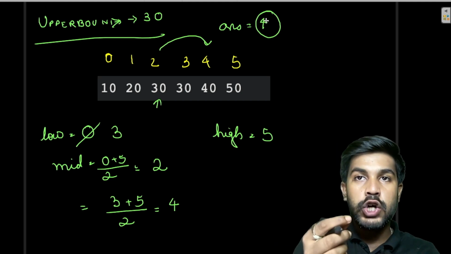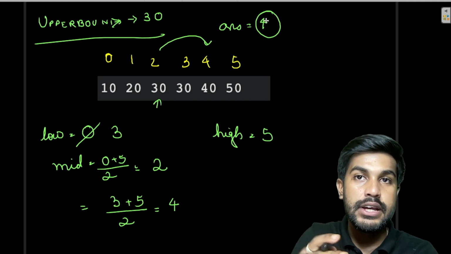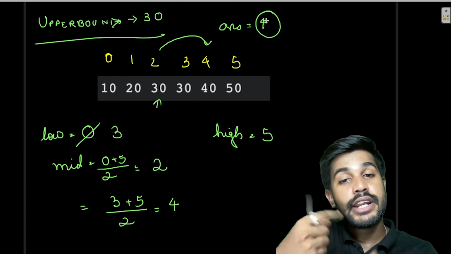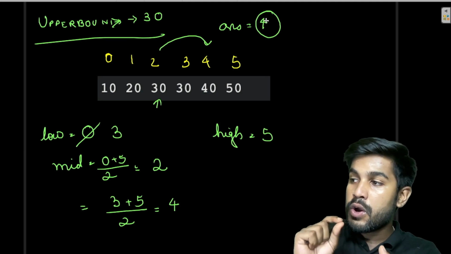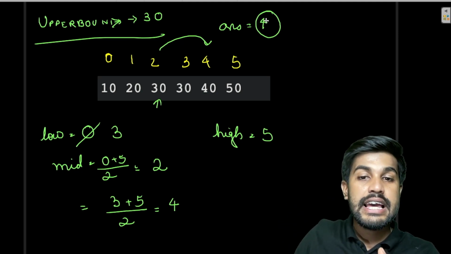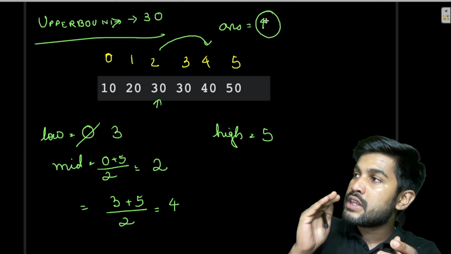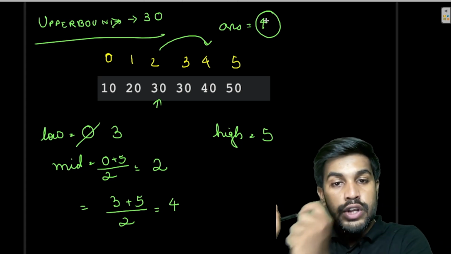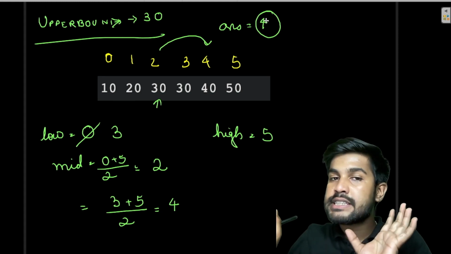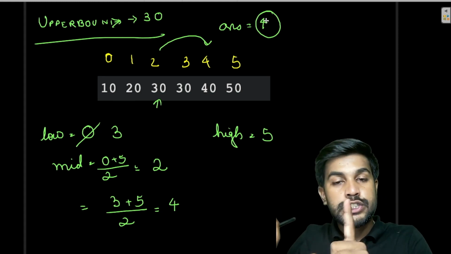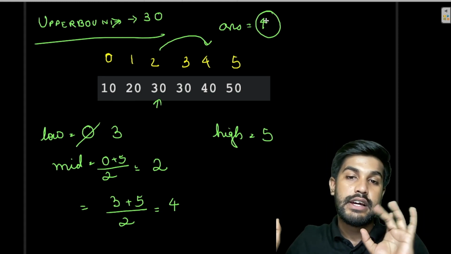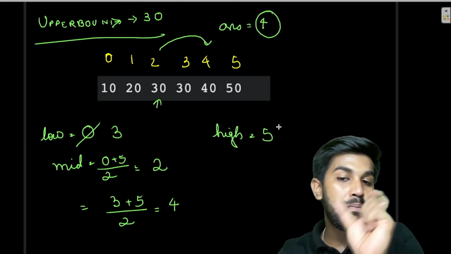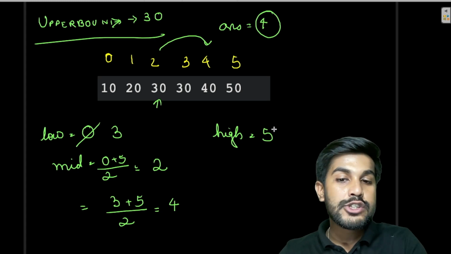If the current element is the greater element, then going right serves no purpose, because on the right hand side we won't find the first occurrence. Either this element is the first occurrence or the first occurrence lies on the left hand side. So we make high equal to mid minus 1, that is 3.